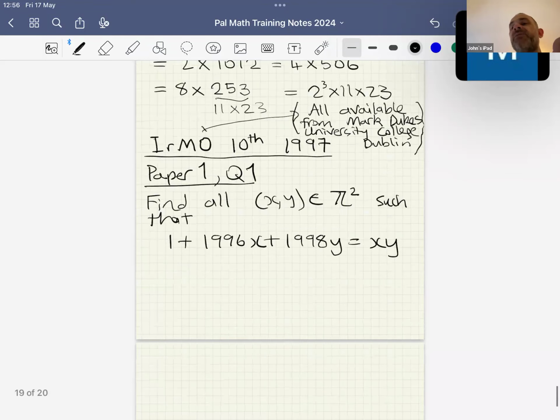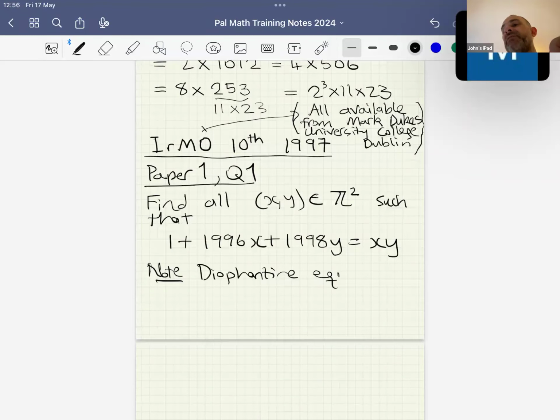So this is a so-called Diophantine equation. You've got an equation in two variables, but you're only interested in the integer solutions.